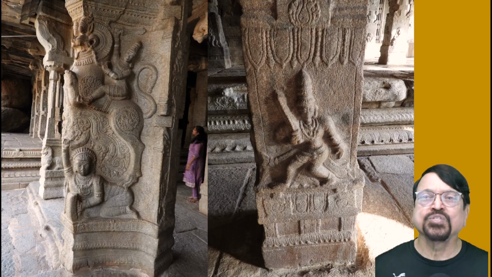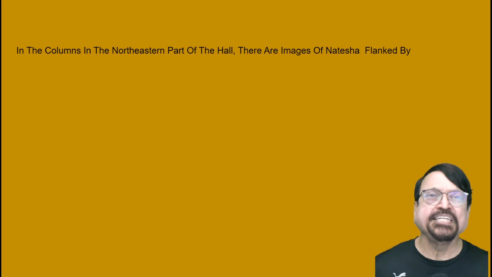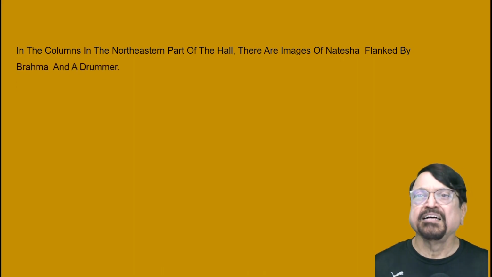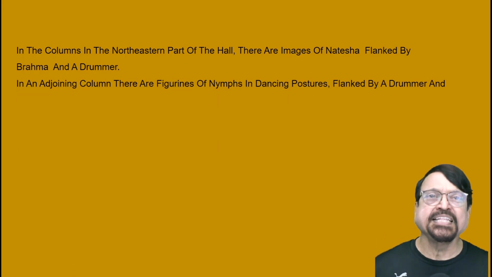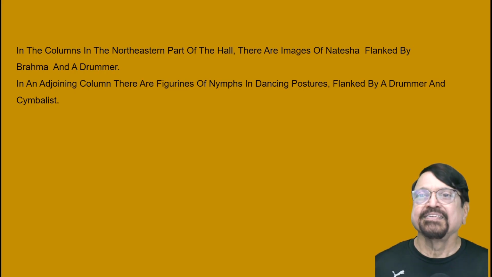Yali, everybody knows, it is a symbol of the Vijayanagara. In the column in the northern part of the hall, there are images of Natesha flanked by Brahma and a drummer. And in the adjoining column, there are figures of nymphs in dancing posture flanked by a drummer and a cymbalist.